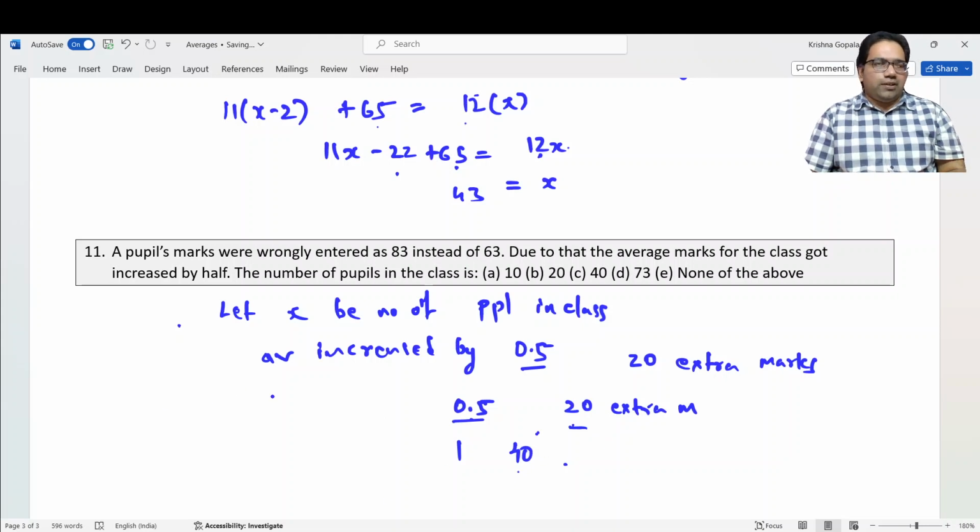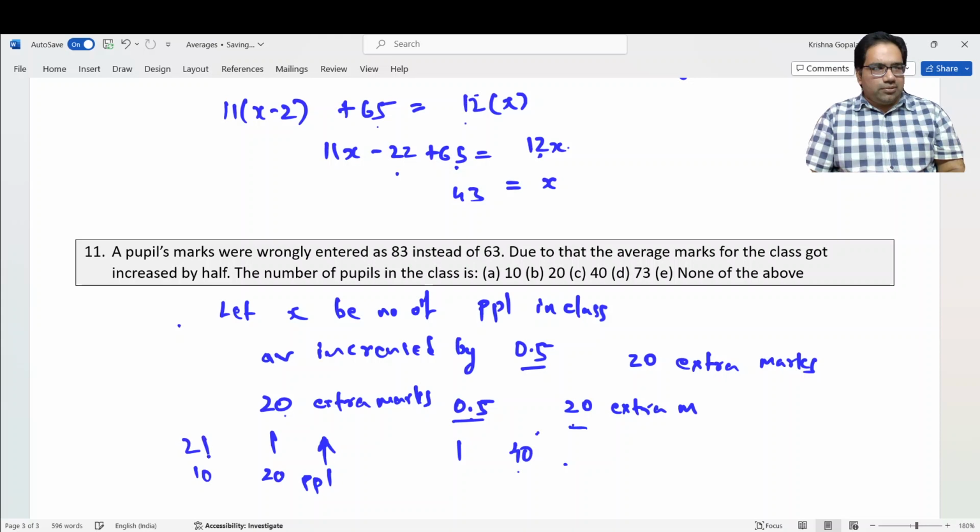If there are 20 extra marks and the average increased by 1, that means there are 20 people. If there are 20 extra marks and the average increased by 2, that means there are 10 people, right?